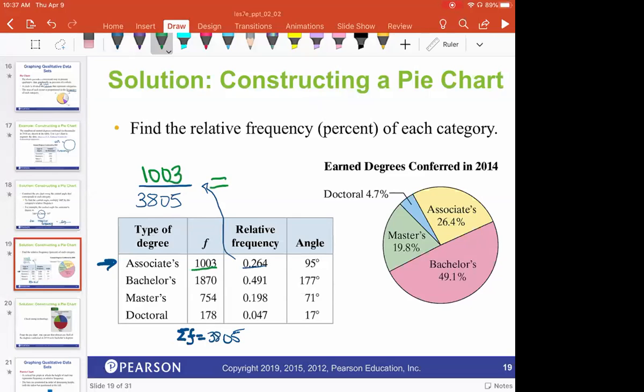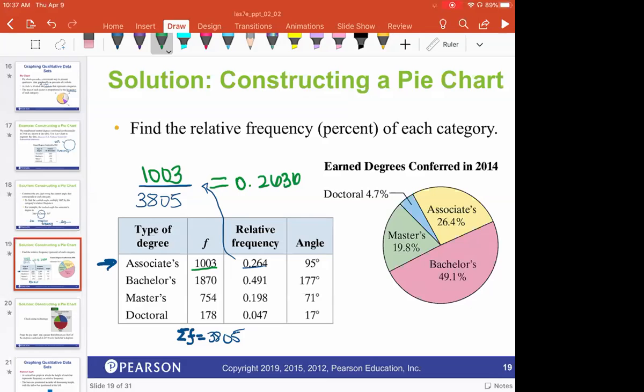Punch that into your calculator, find your percent in decimal form. 1,003 divided by 3,805, we get 0.2636, and it continues on.